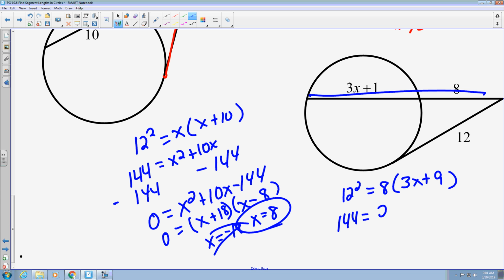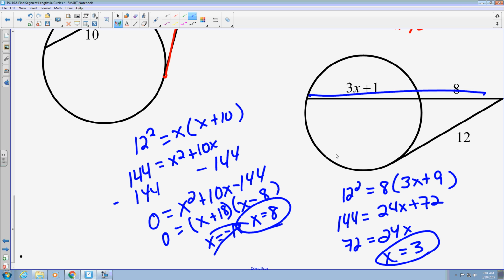And then this turns to 24x plus 72. 144 minus 72 in this case is 72. And then divided by 24, x equals 3.